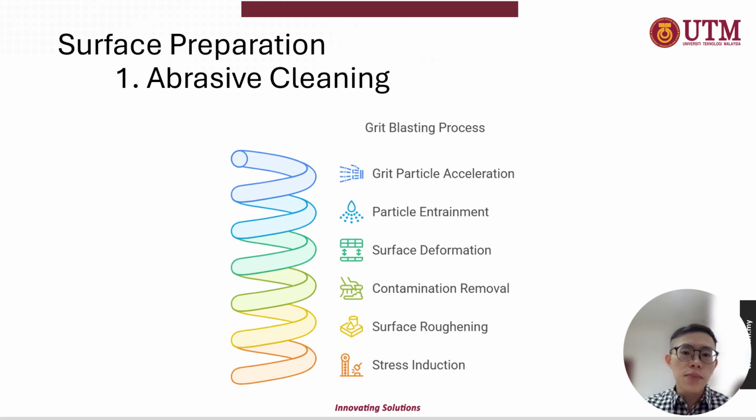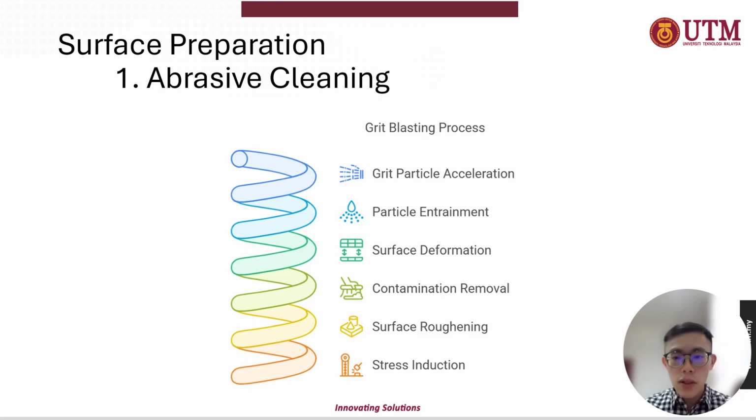So under the surface preparation, okay maybe I skip. Okay, we look into one portion of the surface preparation. The first one is abrasive cleaning, specifically the grit blasting process.